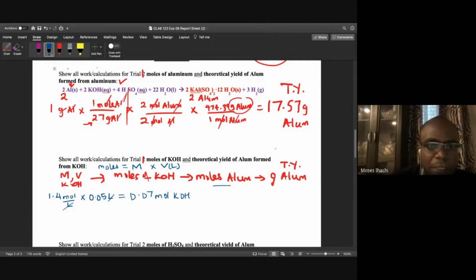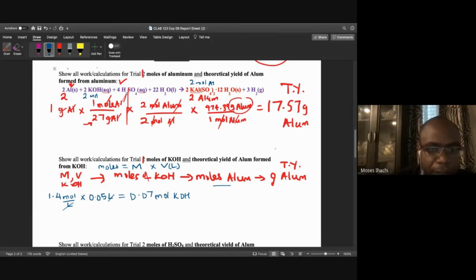So now that we have the moles of KOH, we'll need to convert it to moles of alum. Again, we go back to a reacting ratio. If you're looking at KOH, 2 moles of KOH give you 2 moles of alum. That's going to be our conversion factor.